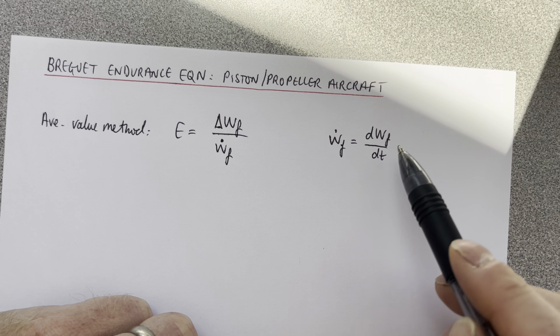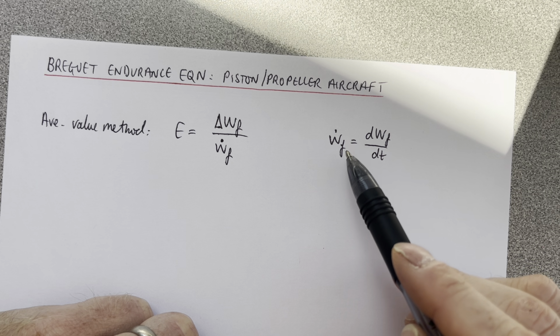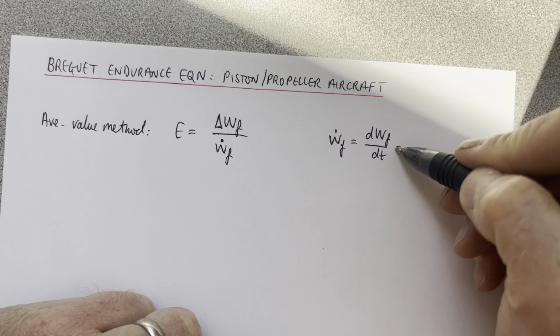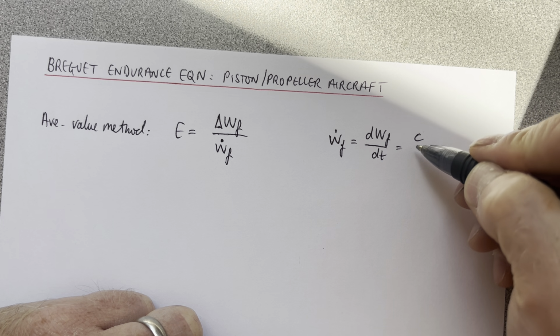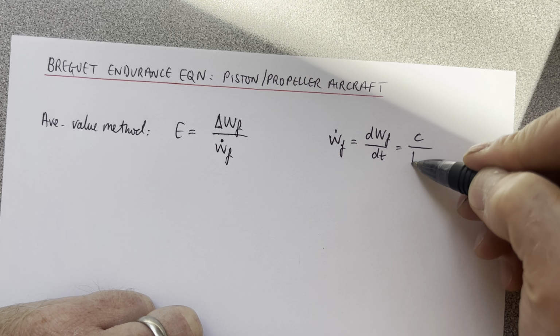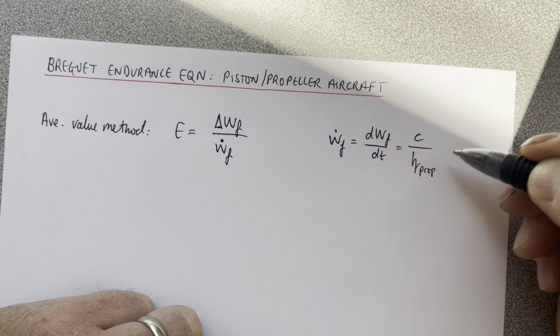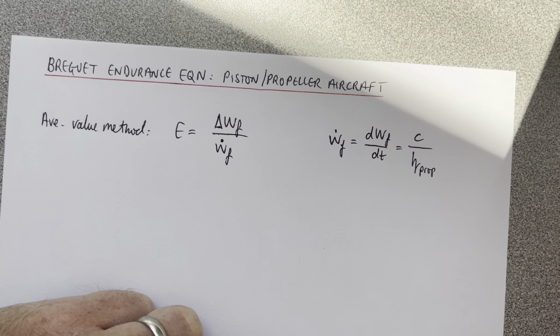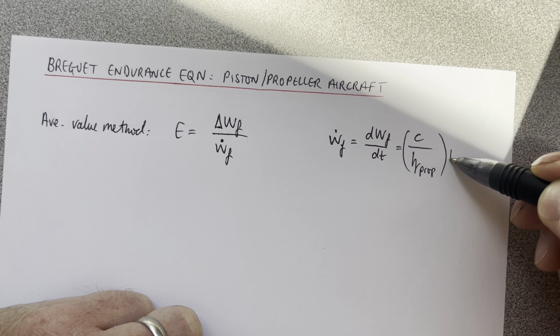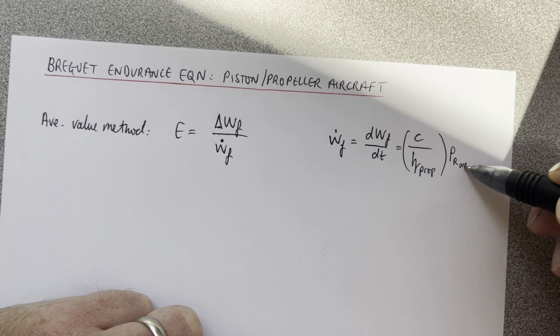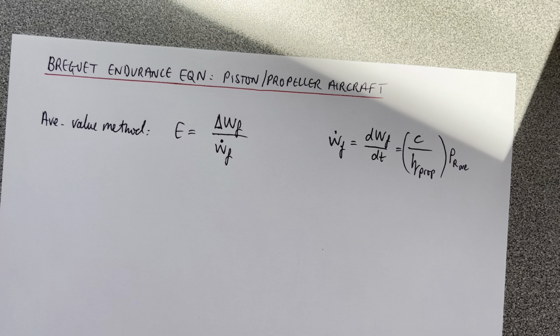So for this case, WF dot will be equal to our brake specific fuel consumption, C for short, over our propeller efficiency factor, E to prop, multiplied by the average power provided by the engine.